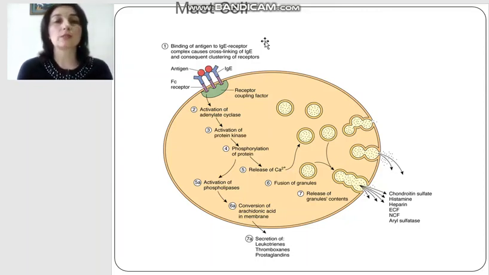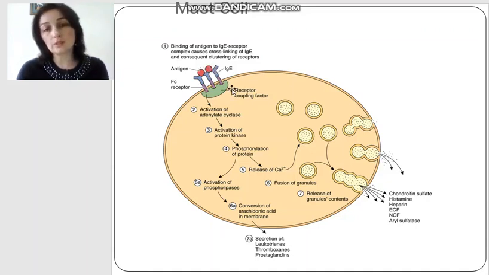These immunoglobulins E then bind to the surface membrane receptors of the mast cells. And during second exposure to the same allergen, the allergen will bind to these immunoglobulins E, which are now on the surface of the mast cells, and lead to their activation.